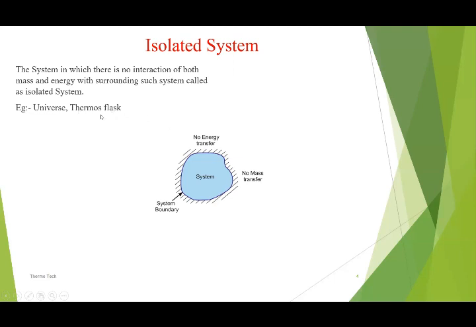If it is 80 to 90% insulated, we can't say that the thermos is an isolated system, because if it is 80% insulated, some amount of energy will interact with the surroundings. So only if it is 100% insulated will it be an example of an isolated system.